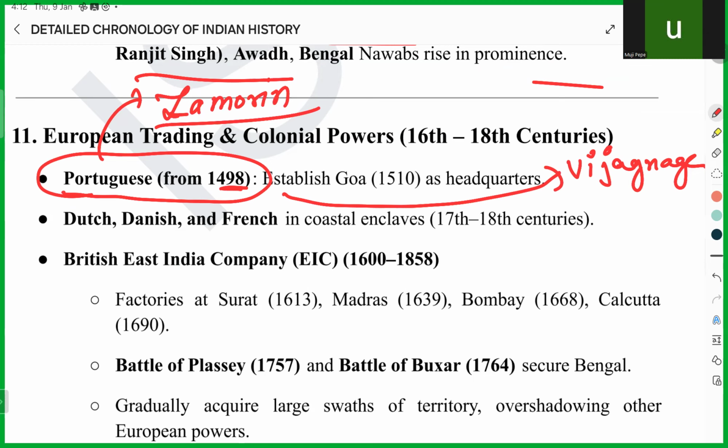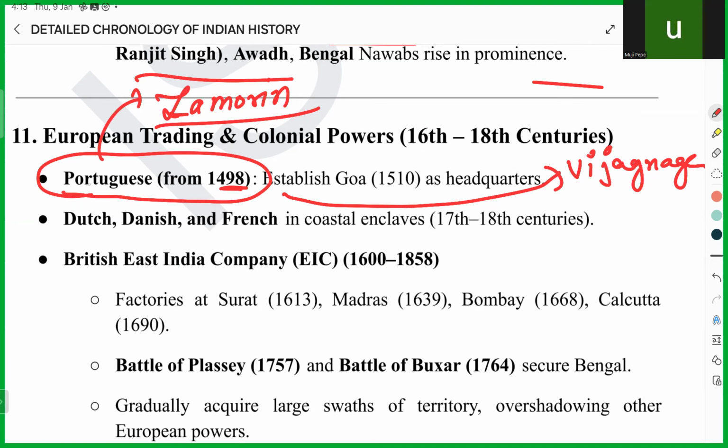Yes, you are very correct. The Portuguese were the first to arrive in 1498 and they were the last to leave in 1961. Okay. So it is, I think, called Samudhiri in Malayalam, right? It's written Zamorin in English and it is pronounced as Samudhiri in Malayalam.